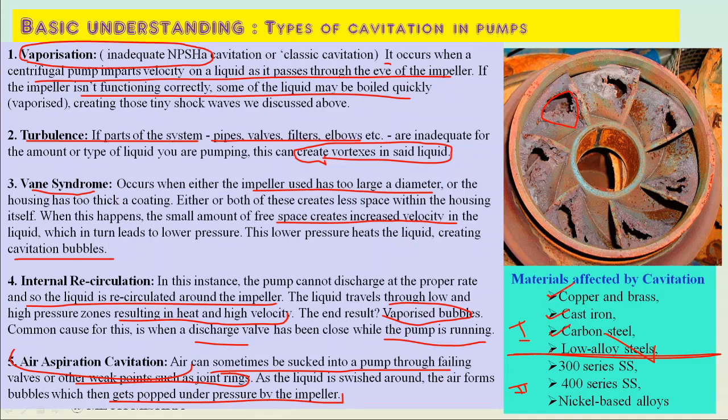Low alloy has some strength, but these are also prone, though they have certain resistance. So these are the most prone. The second group, like 300 stainless steel, 400 stainless and nickel alloy, are better than the first group, but they are also not immune. They may also experience the cavitation phenomenon.